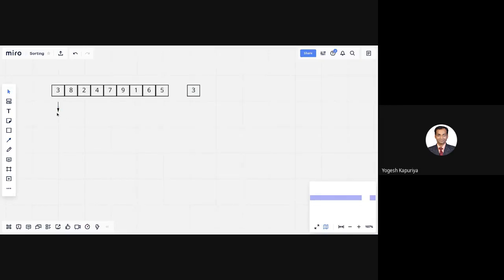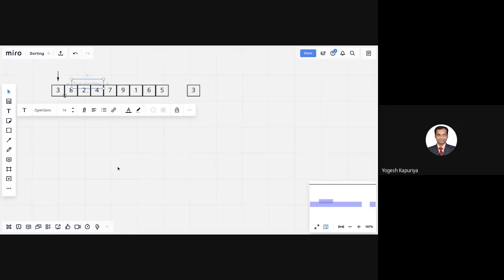One is, let us say, I, and the second is J. I think the class board is very simple, so we'll take two pointers, one is I, second is J. So this is my I and this is J.